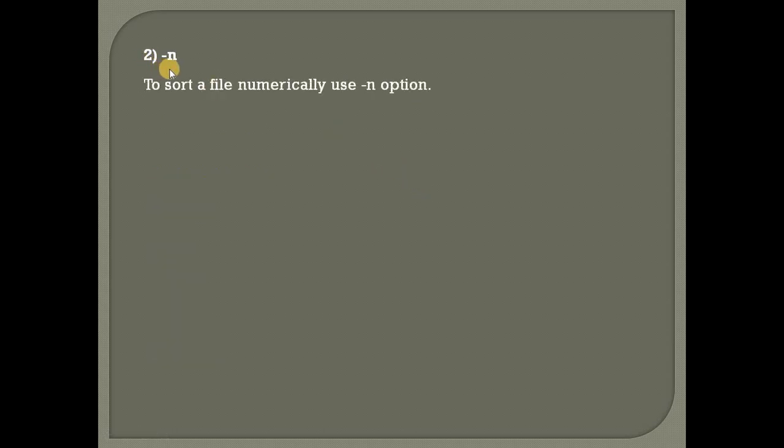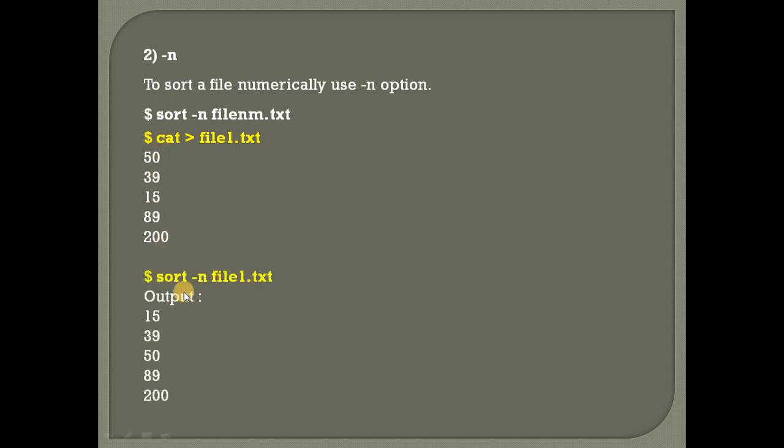Second option is the -n option. To sort a file numerically, use the -n option. So here sort -n and the file name is given. Suppose I have created this file, file1.txt, by using the cat command. I have inputted 5 numbers and I have used sort -n file1.txt.